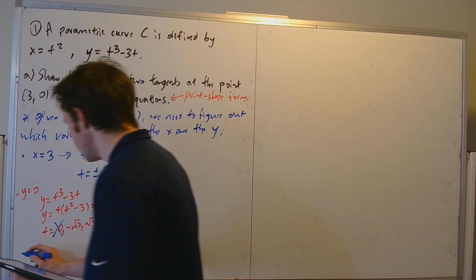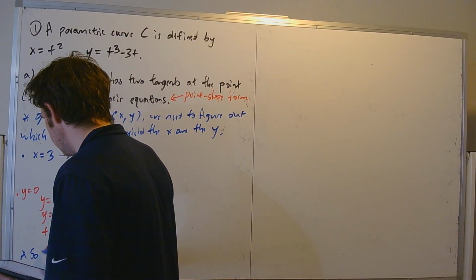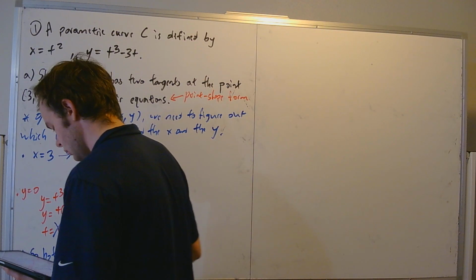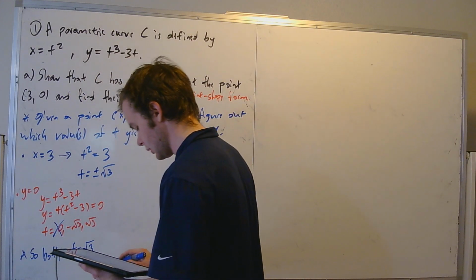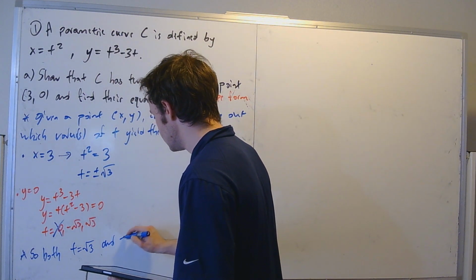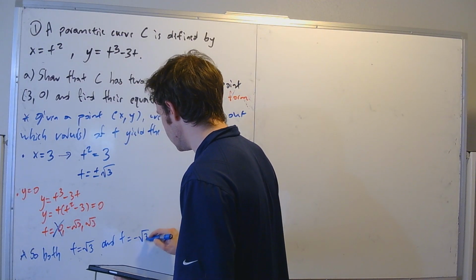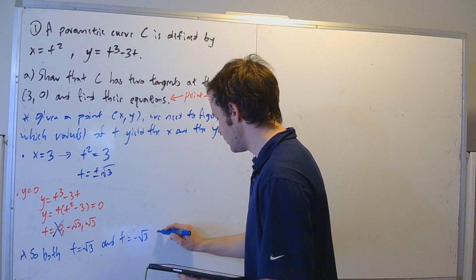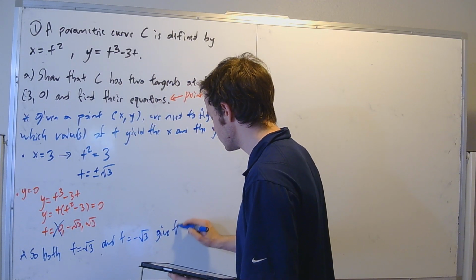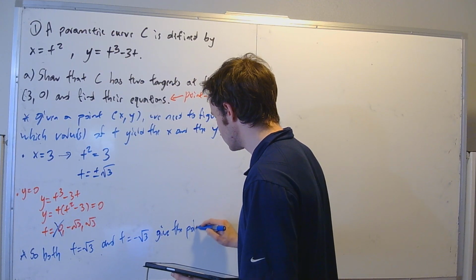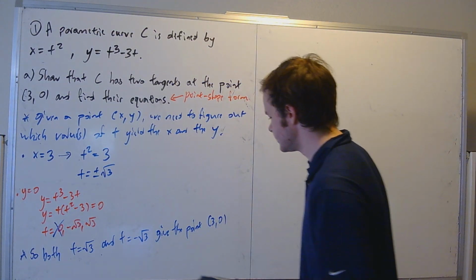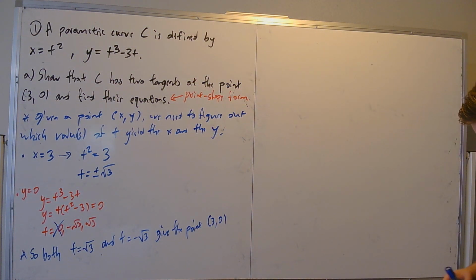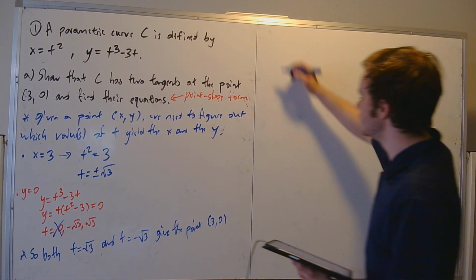So in conclusion, both t equals root 3 and t equals negative root 3 give the point (3, 0). Okay. So now we need to compute the derivative.